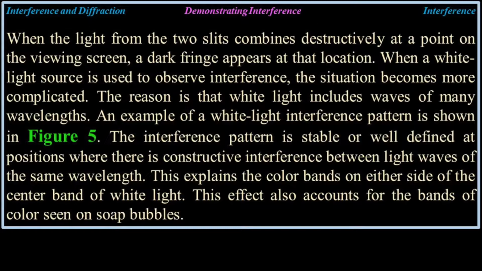The interference pattern is stable or well defined at positions where there is constructive interference between light waves of the same wavelength. This explains the color bands on either side of the center band of white light. This effect also accounts for the bands of color seen on soap bubbles.